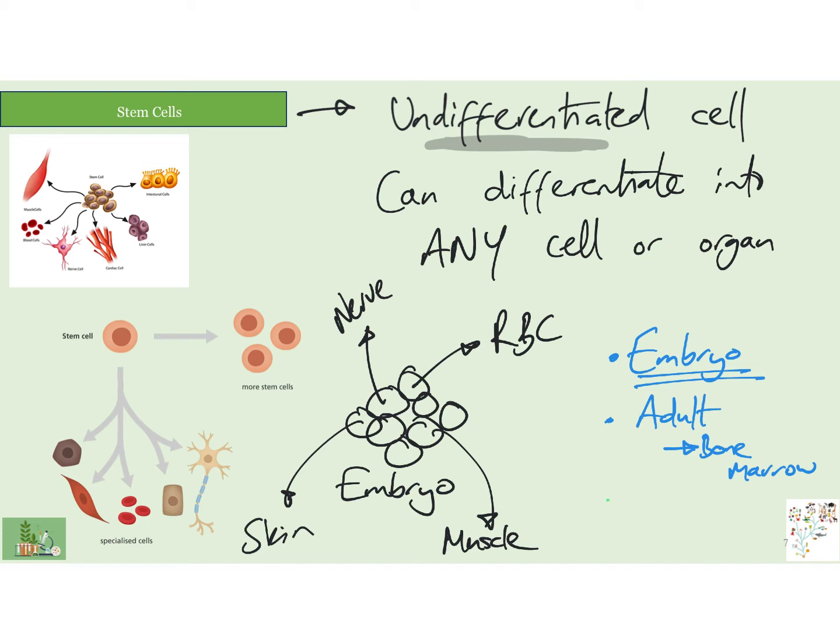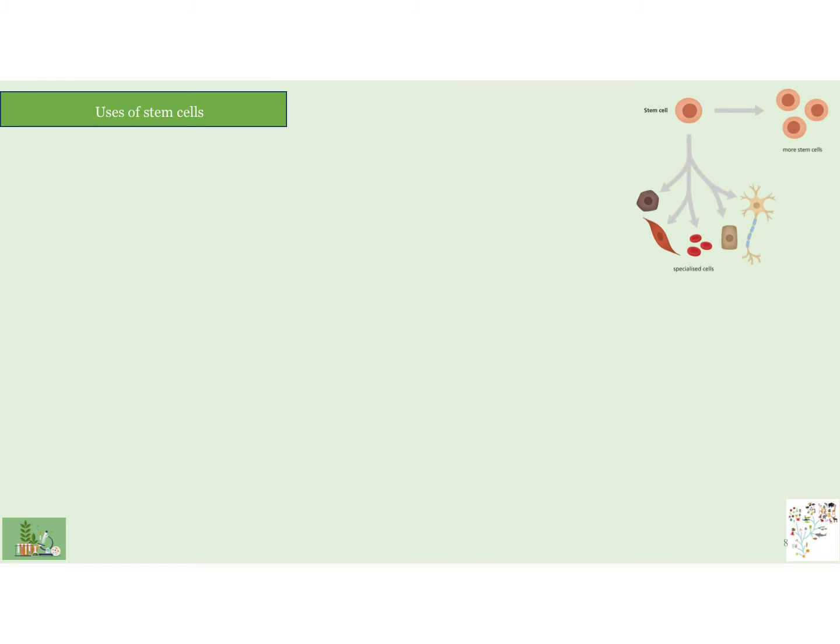And we're going to talk about plant stem cells. So we're going to focus on human stem cells. And human stem cells are phenomenal things. Okay, they're undifferentiated cells. They can become any cell or organ, and they've got the potential to cure a whole number of diseases.